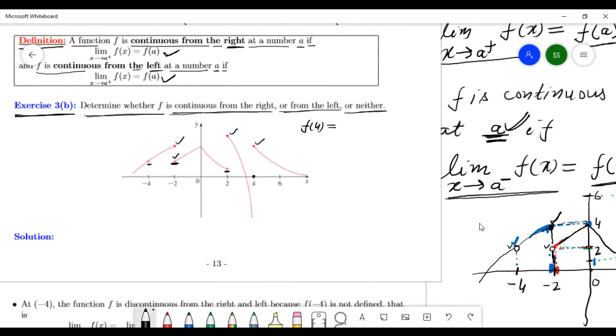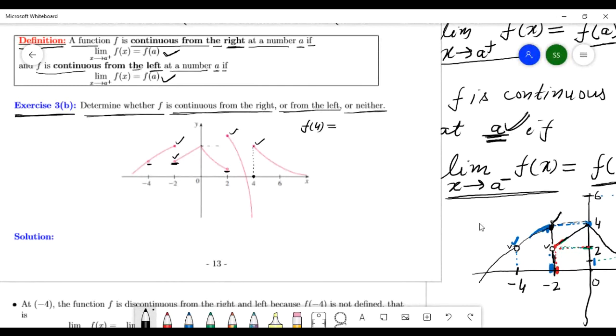This is the point, this is the output here, meaning 4. Okay, and now see the right limit, as x goes to 4 from the right of f of x.